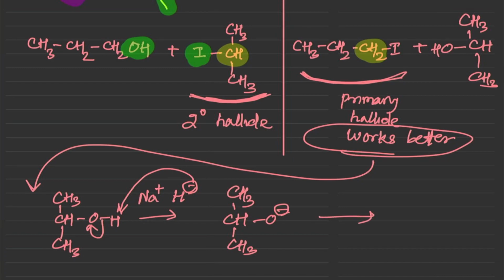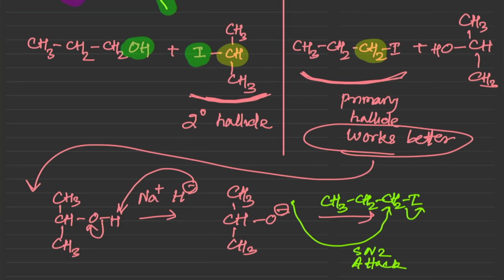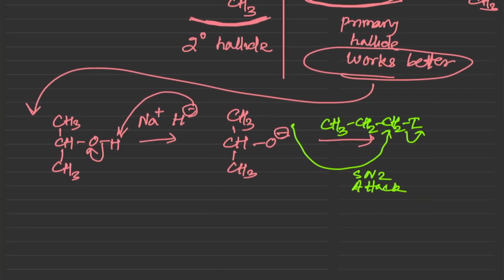Then you treat with your halide, which is CH3CH2CH2I. So this would have an SN2 attack.